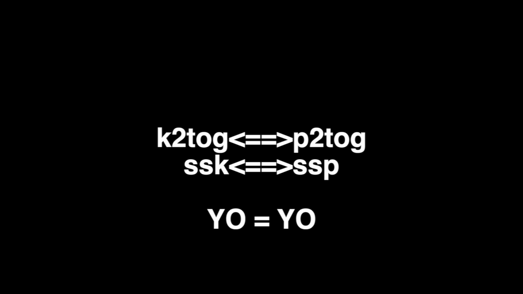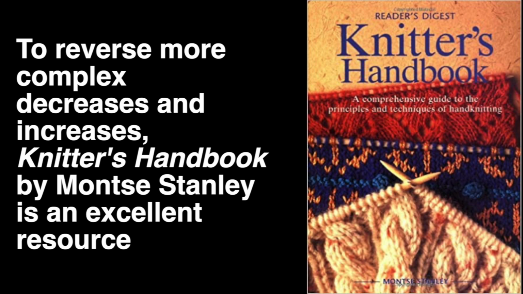Where you potentially run into some difficulty would be if you have a different type of double decrease, like slip one, knit two together, slip stitch over. Those are a little bit more complicated to convert. And for that kind of thing, I don't ever just know it off the top of my head. I use Montse Stanley's Knitter's Handbook.